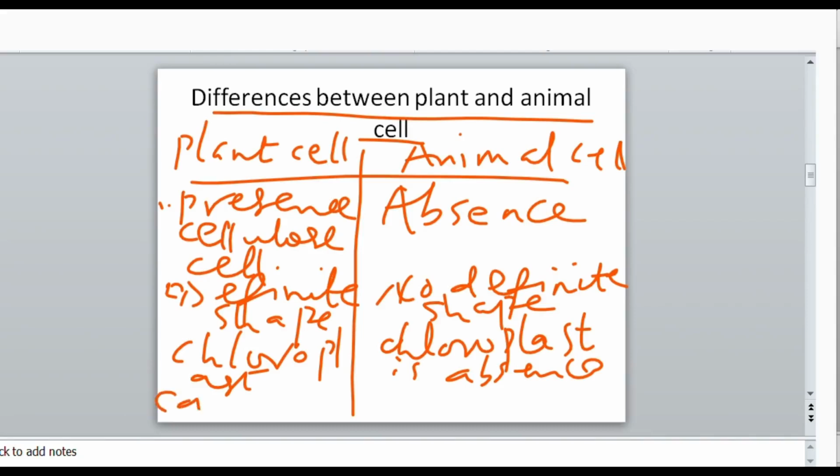Carbohydrate is stored as starch here. While here, carbohydrate is stored as what? Glycogen.